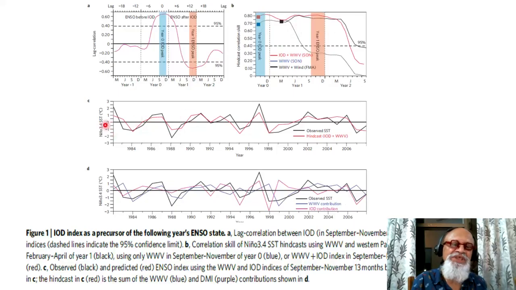Okay, you get the point. Niño 3.4 SST and hindcast with IOD plus WWV, and they are claiming that they can make very good correlations.